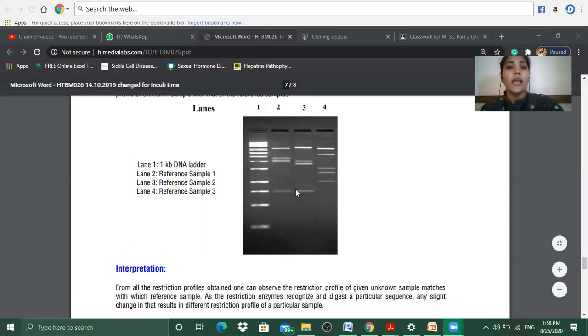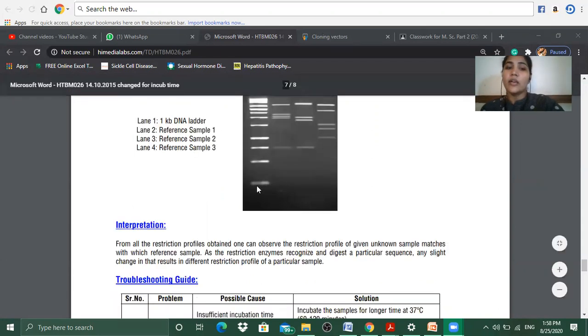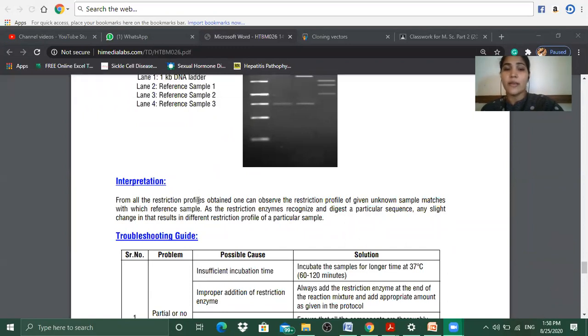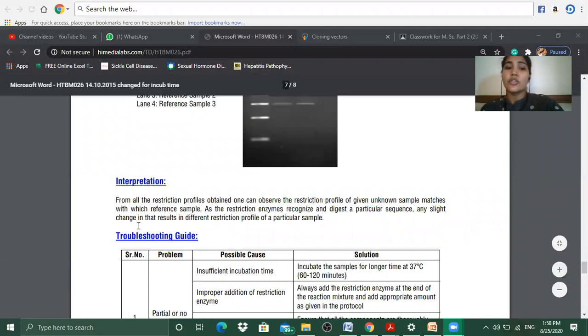Accordingly you make the conclusion. From all the restriction profiles obtained, one can observe which reference sample the restriction profile of the unknown sample matches. As the restriction enzymes recognize and digest a particular sequence, any change in it results in a different restriction profile of that sample.